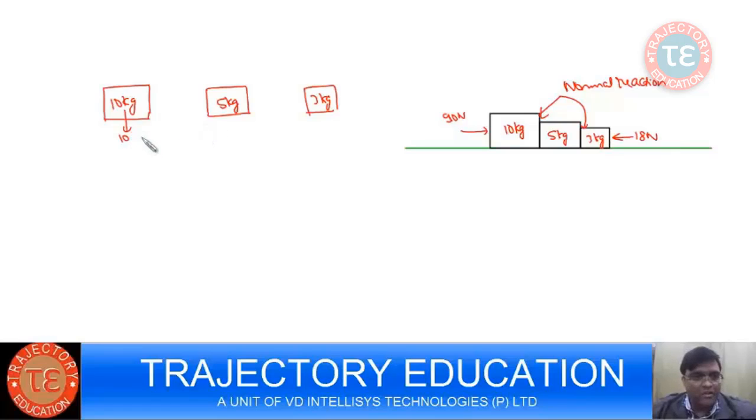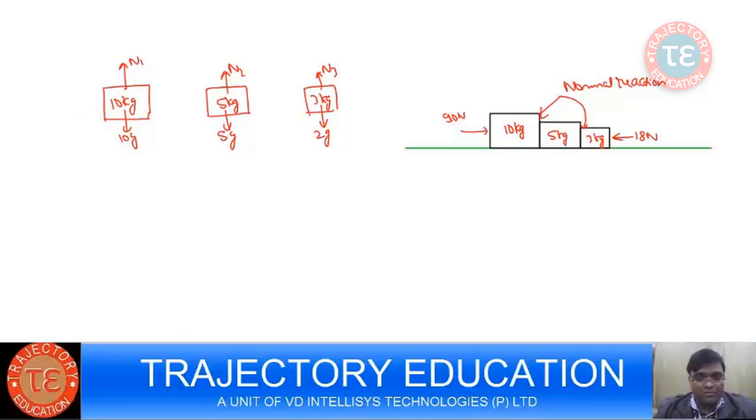Like gravity is always there. So I'll put 10g. Here I put 5g. I put 3g. And their reactions also. N1, N2, N3.